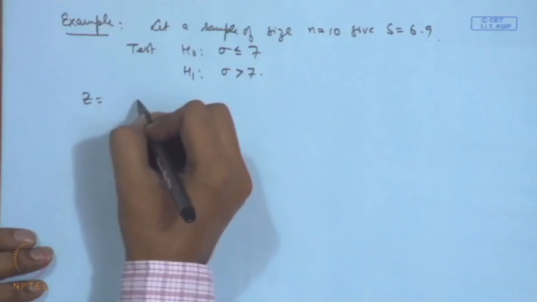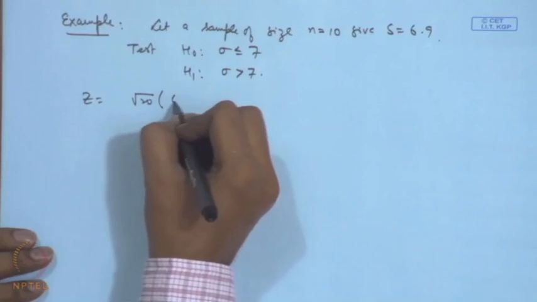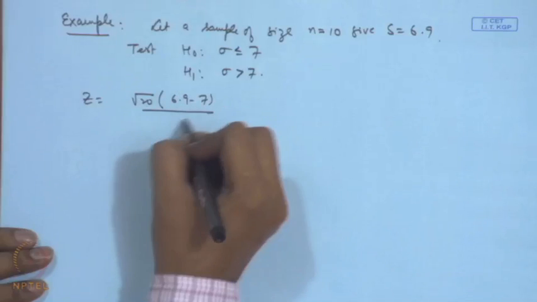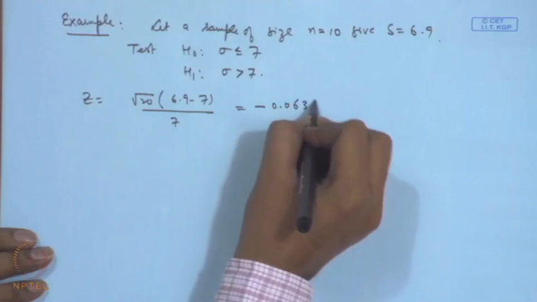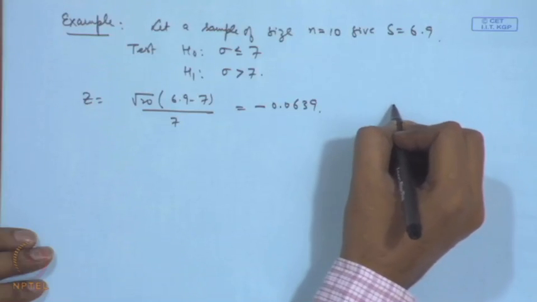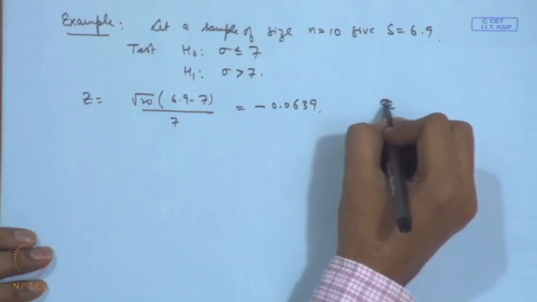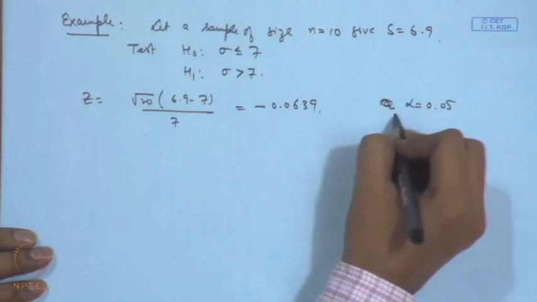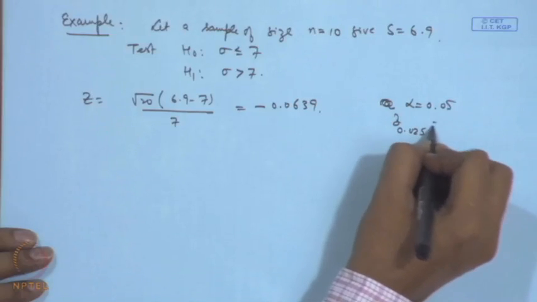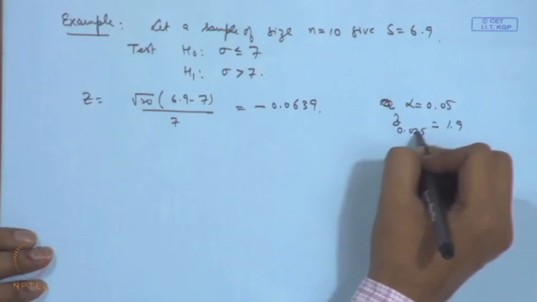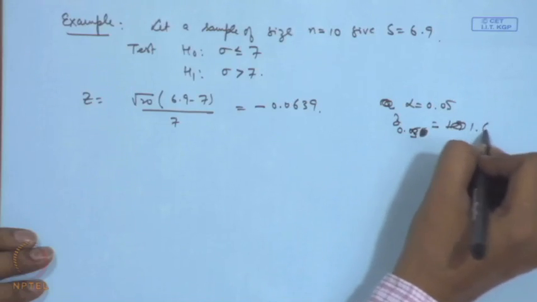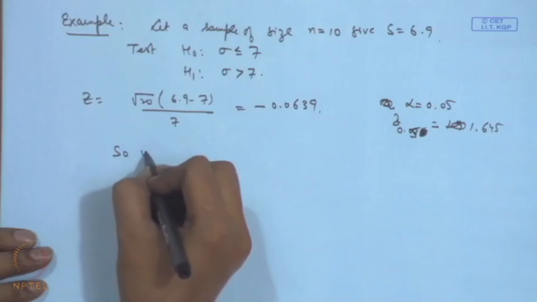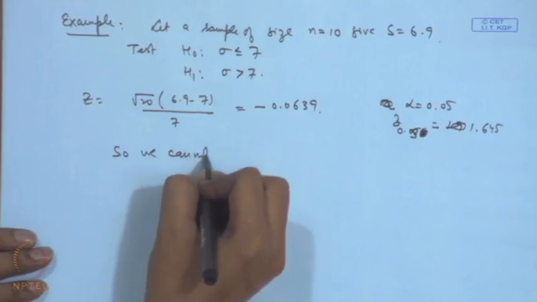So, Z is equal to root 20 times (6.9 minus 7) by 7, that is minus 0.0639. If we consider, say, alpha equal to 0.05, then Z of 0.05 is equal to 1.645. So, we cannot reject H naught.